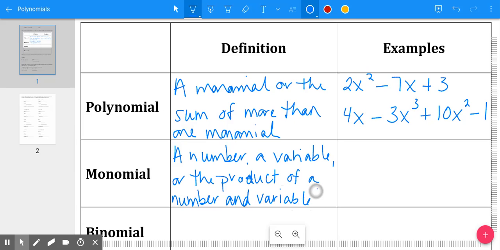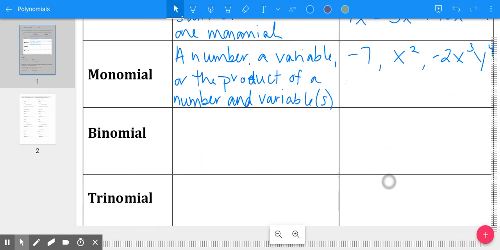And I'm going to put the S in parentheses because it can be one variable, it can be as many as is necessary. So a couple examples of monomials might be -7 or x squared, or something like we saw in the last unit might be -2x cubed y to the 4th. Those are all examples of monomials.